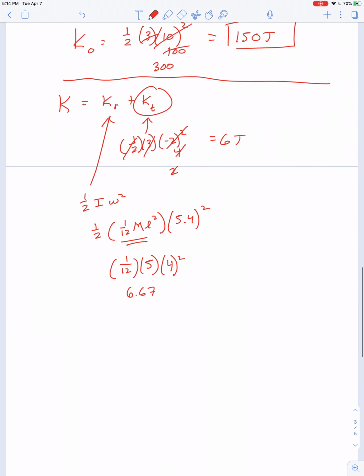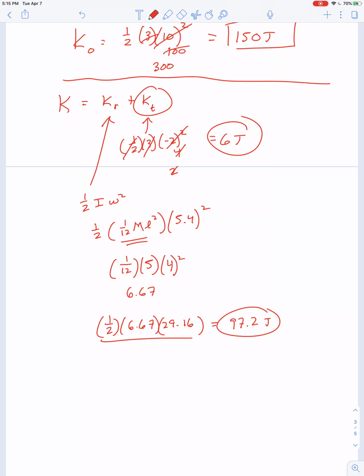Then 1/2 times 6.67, and 5.4 squared gives us 29.16. You can verify these values on your calculator. When you multiply all this out, you get 97.2 joules, and we add to that these 6 joules. So we get a total final kinetic energy of 103.2 joules.